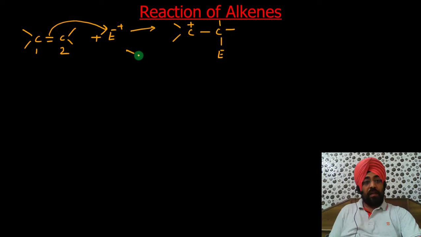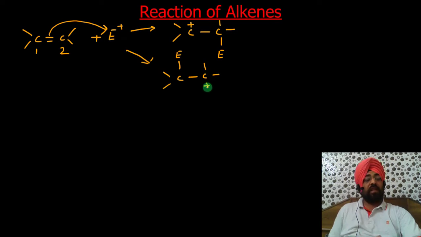The second possibility is that the electrophile may add to the first carbon, and the second carbon may get the positive charge. So there are two possibilities by which this addition of the electrophile can take place.